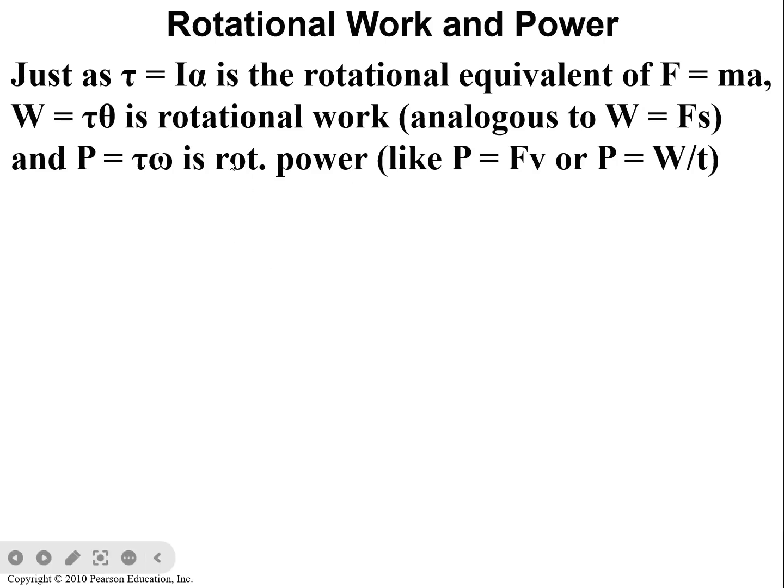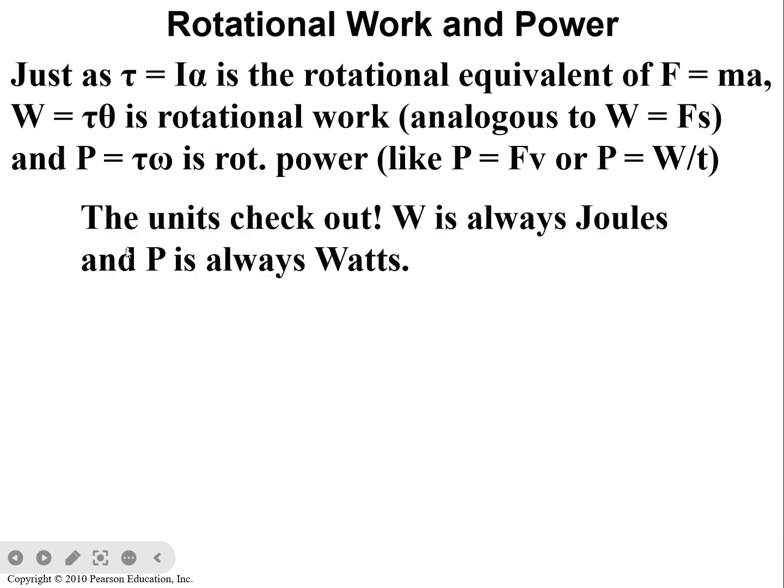And similarly, that's what we have in tau omega. Now, we could write rotational power as simply tau theta divided by t. It'd be the same. That's the same as work over time. Now, the interesting thing about rotational work and power is that the units check out.